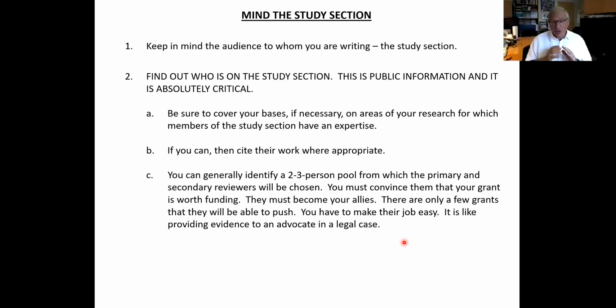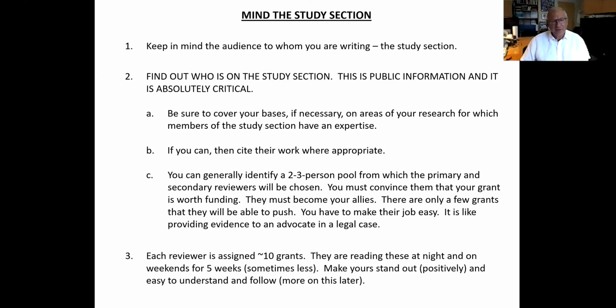And there are only a few grants that they will be able to advocate for. And so you have to make their job easy. So first you have to convince them, but then after you convince them, you've got to give them ammunition to defend your grant. It's sort of like providing evidence to an advocate in a legal case.